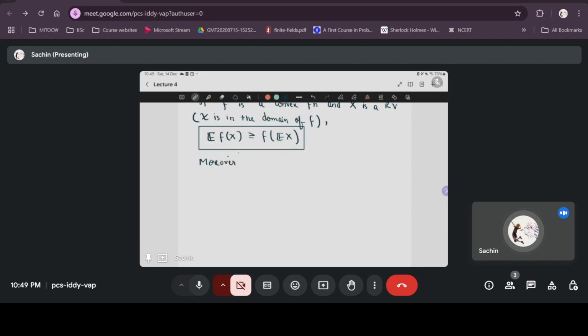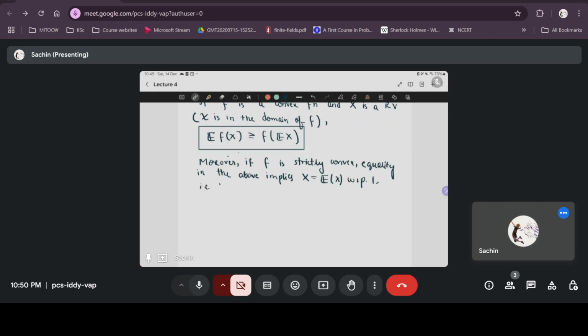So moreover, if f is strictly convex, then equality in the above inequality implies x is equal to E of x with probability 1.